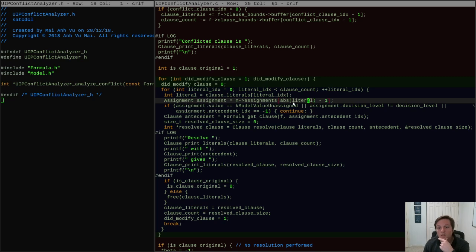We then grab the assignment for the variable. So this is the variable that corresponds to the literal. The -1 makes it the index for that variable. Because remember, our variable can't use the value 0 to represent itself because it wouldn't have a corresponding negative. Right? So this has to be 1-based so that 1 and -1 are the smallest pair of literals available.